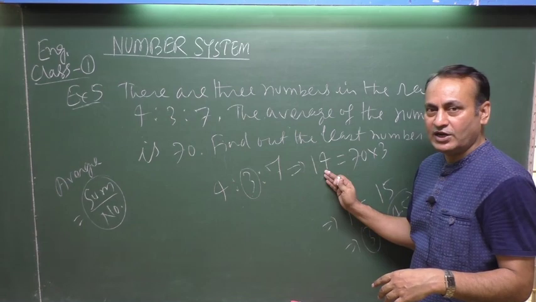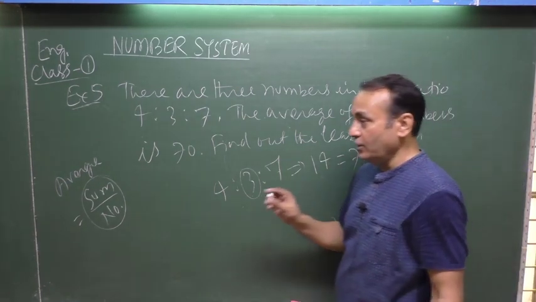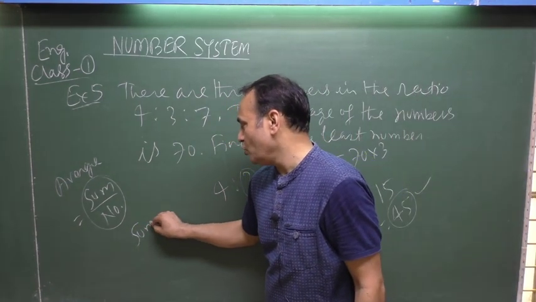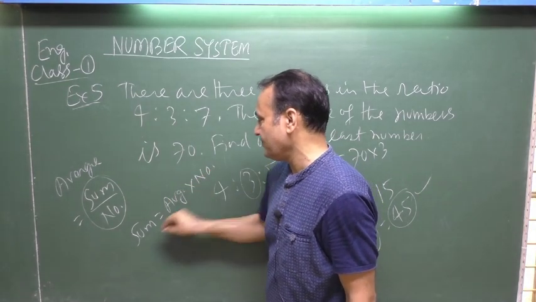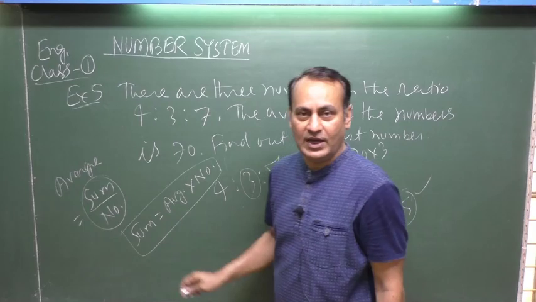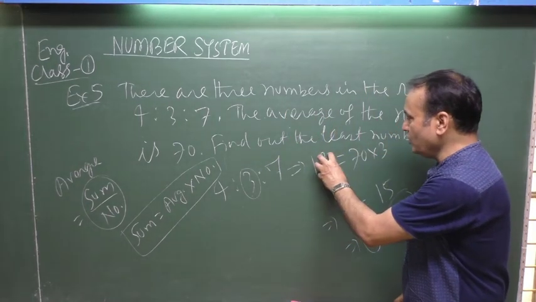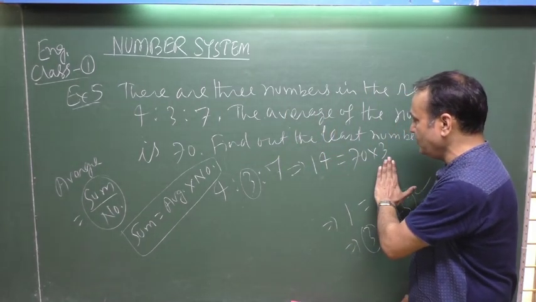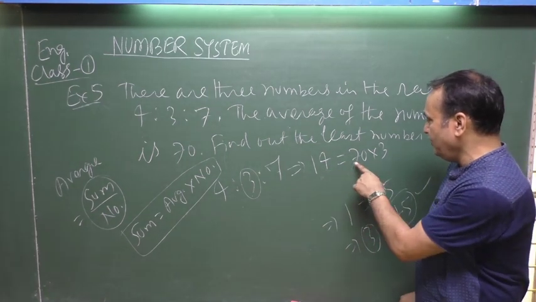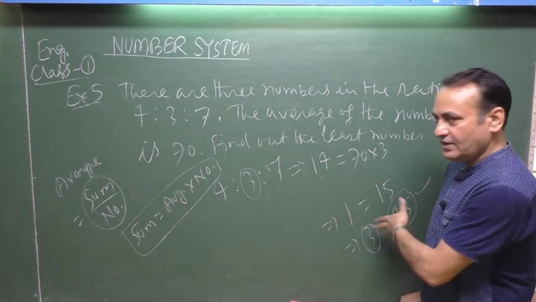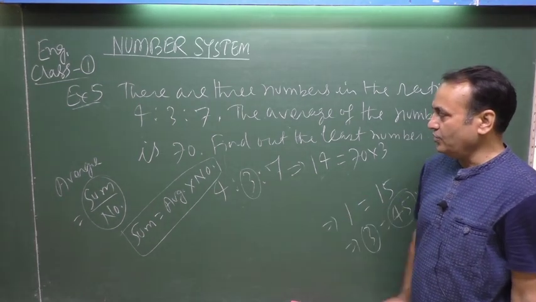Sum total equals average into numbers. I have used this formula here. Then find out 1 unit. 14 fives are 70, 5 threes are 15. Then the same. Okay, copied.